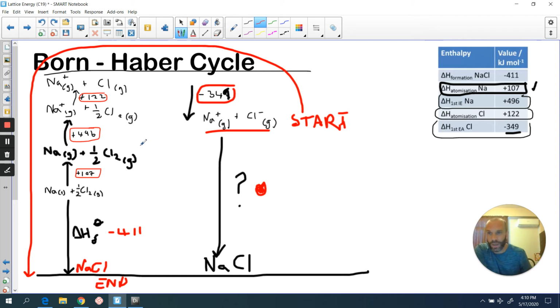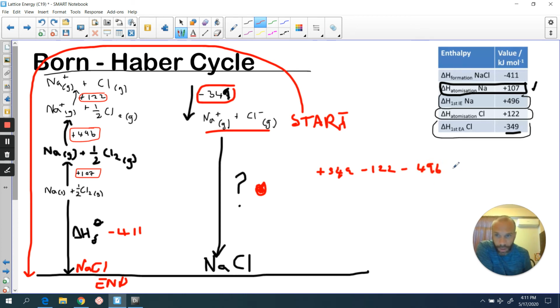So let's just do the calculation now. We're just going to sum everything up. That should be plus 349. This should be minus 122. This should be minus 496.